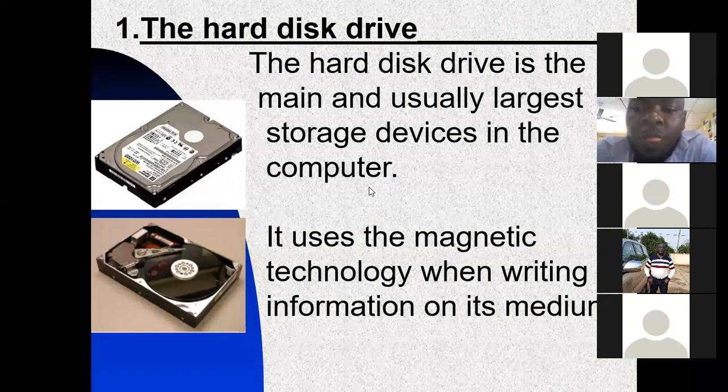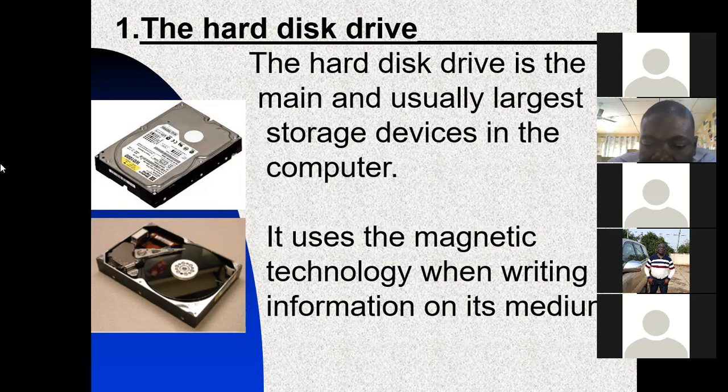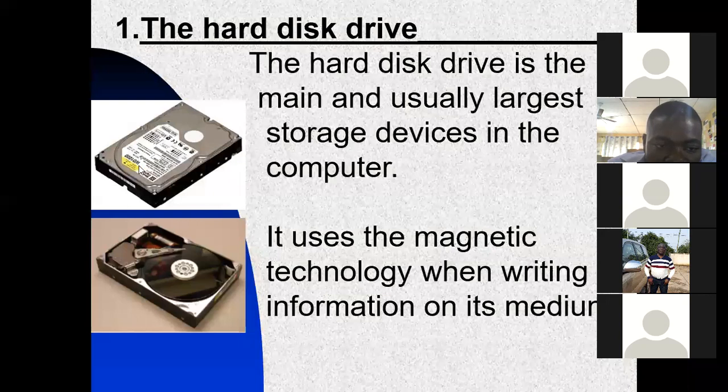So yes, the hard disk drive is the main and usually the largest storage device in the computer system. Now it uses what we call magnetic technology when reading and writing information on its medium. So the hard disk drive's medium is a hard disk. The drive is the storage device.